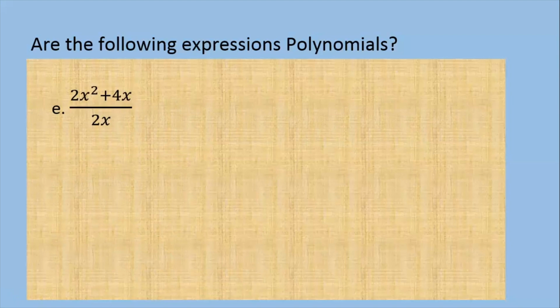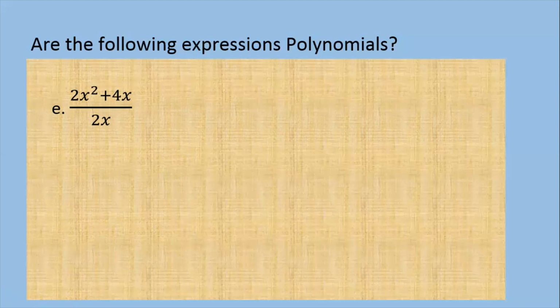Now, look at this one. You've got 2x squared plus 4x, and the whole is divided by 2x. Is this a polynomial? Well, we may be tempted to say that no, it's not a polynomial, right? Why? Because we have division.